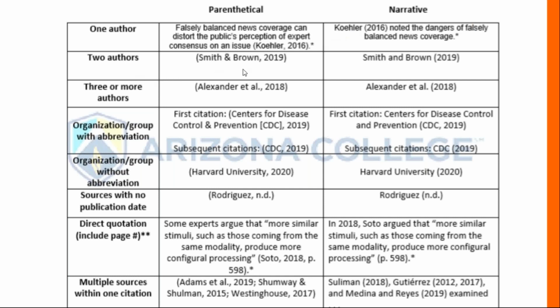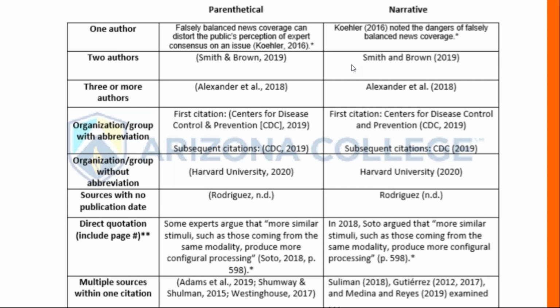So for two authors, the parenthetical citation is Smith, ampersand Brown, comma 2019. If I mention them in the sentence as a narrative citation, I'm going to spell out the and. So Smith, A-N-D, Brown, and then the date in parentheses beside their names.